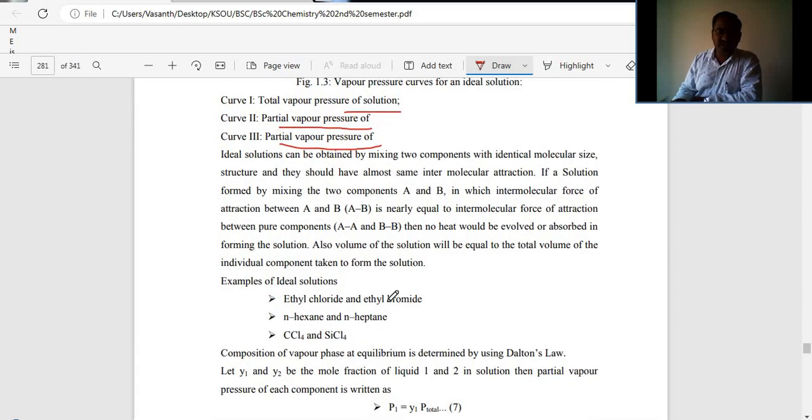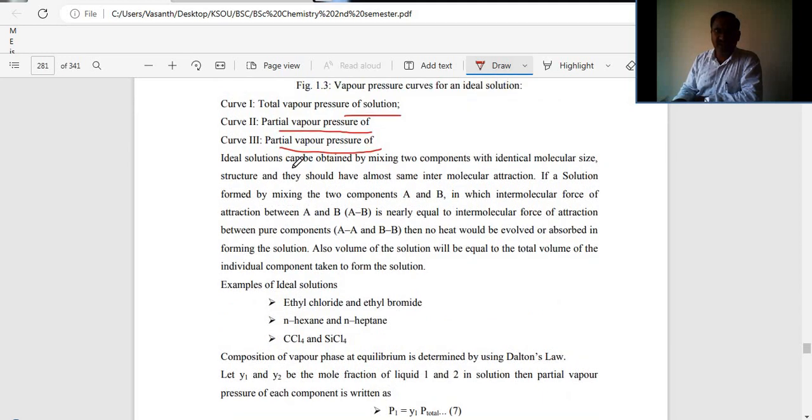Before examples, ideal solutions can be obtained by mixing two components with identical molecular size and structure. They should have almost the same intermolecular attraction.